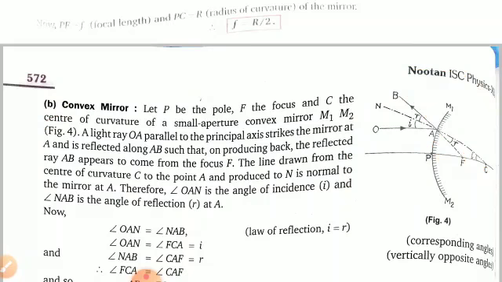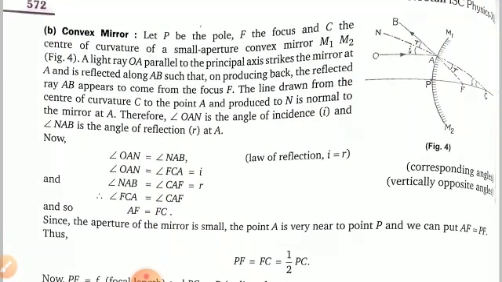Clear? So now, as we have already proved for the concave mirror, the same thing we are going to prove for the convex mirror. So OAN is your incidence angle and angle NAB is your reflected angle. By the law of reflection, angle I equals angle R. Now angle OAN and angle FCA are equal to I, as they form corresponding angles.